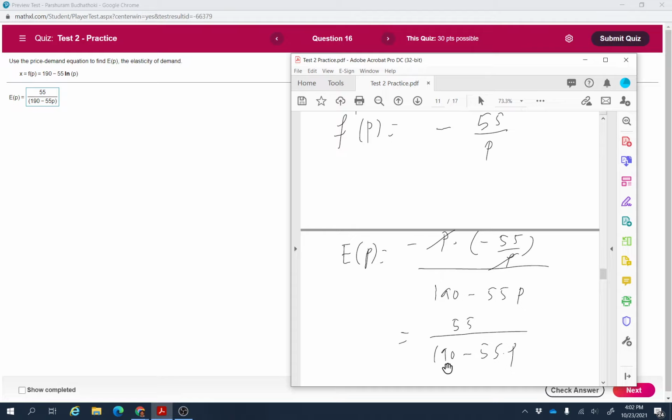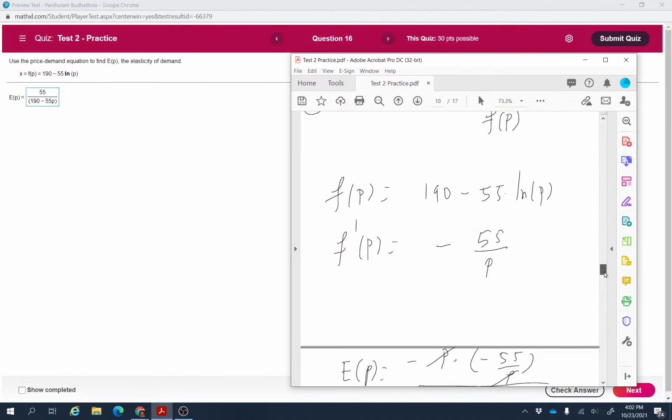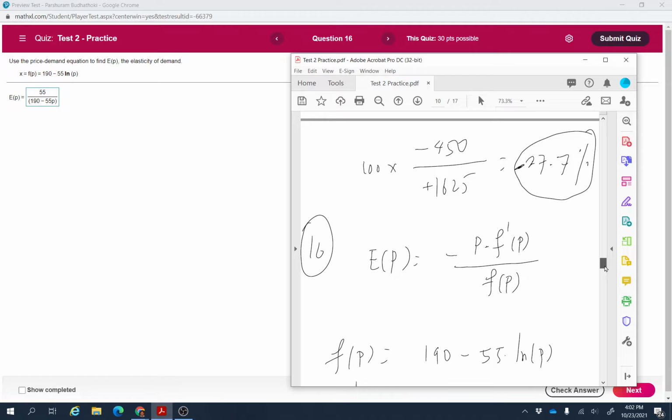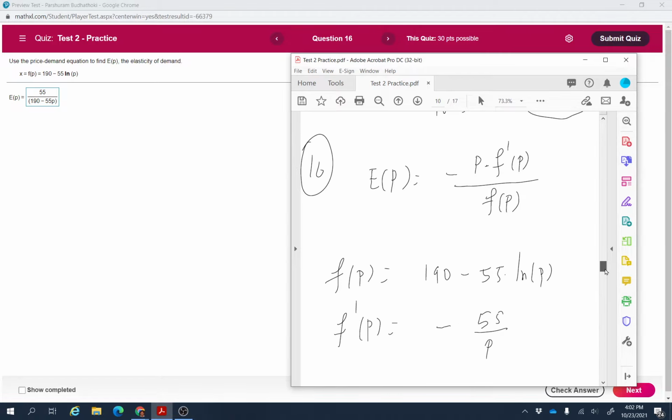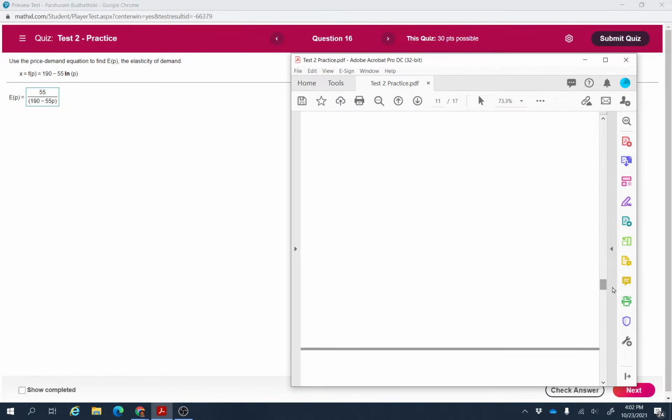Okay, I did not miss anything. Negative p times, so f of p is 190 minus 55 ln of p, and then derivative is negative 55 over p. The formula is negative p times f prime of p, so which is p is gone. So let's simplify. Let's plug in the simplified answer.